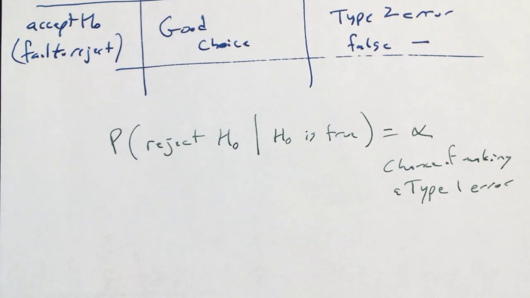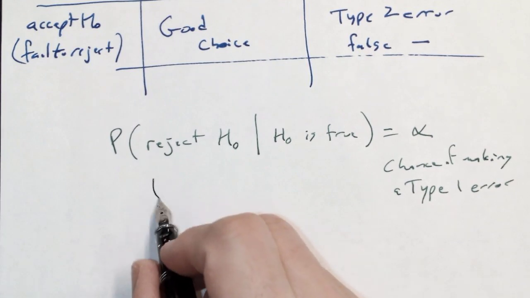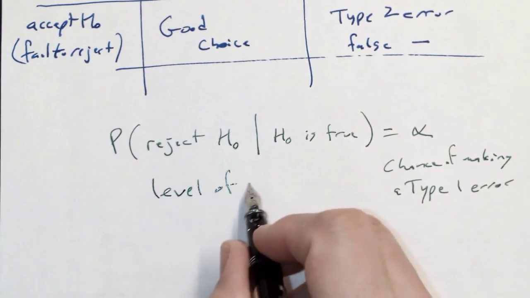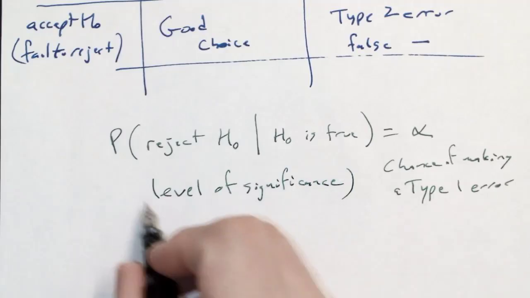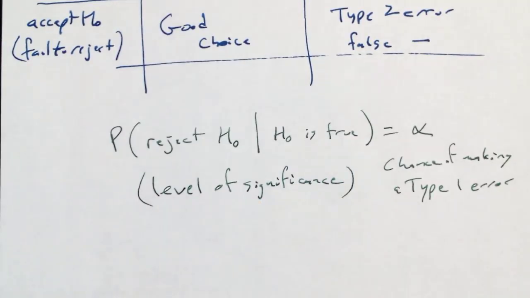This is called significance. Hey, wait a minute. Heard that phrase before. Level of significance. That went with my confidence interval idea.